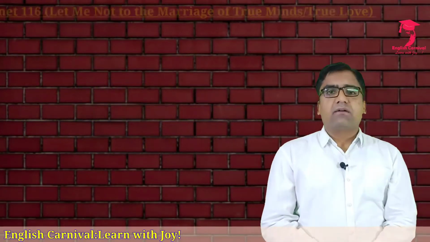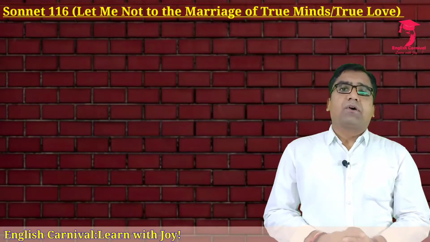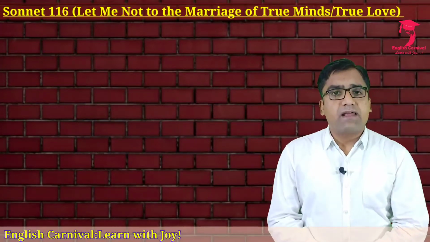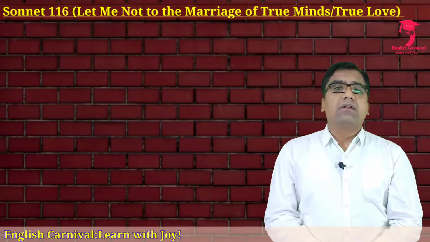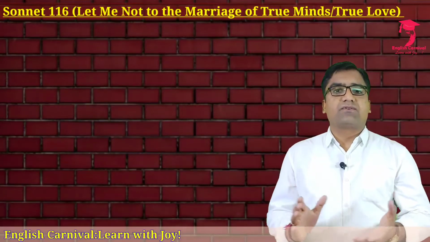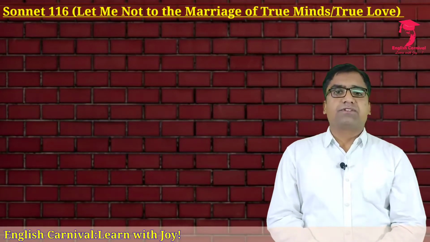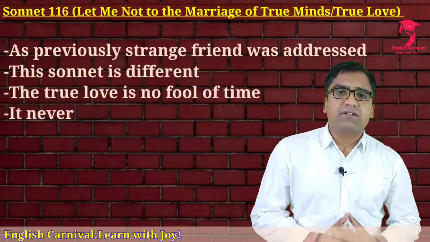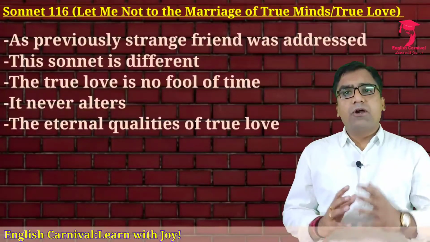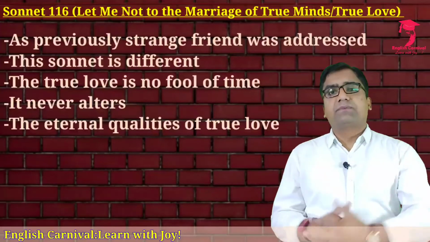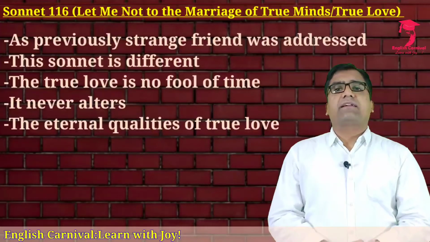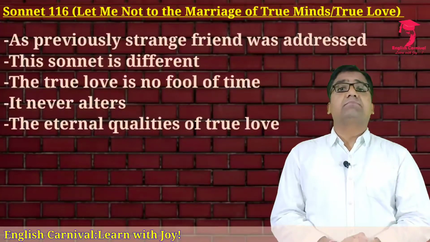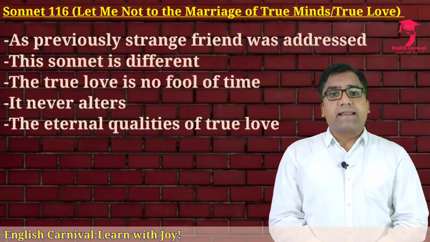So friends, sonnet number 116, or Let Me Not to the Marriage of True Minds, is a very interesting composition of William Shakespeare. As previously we have studied sonnets, the poet William Shakespeare addresses his friend, but this sonnet does not seem to be addressed to someone directly.